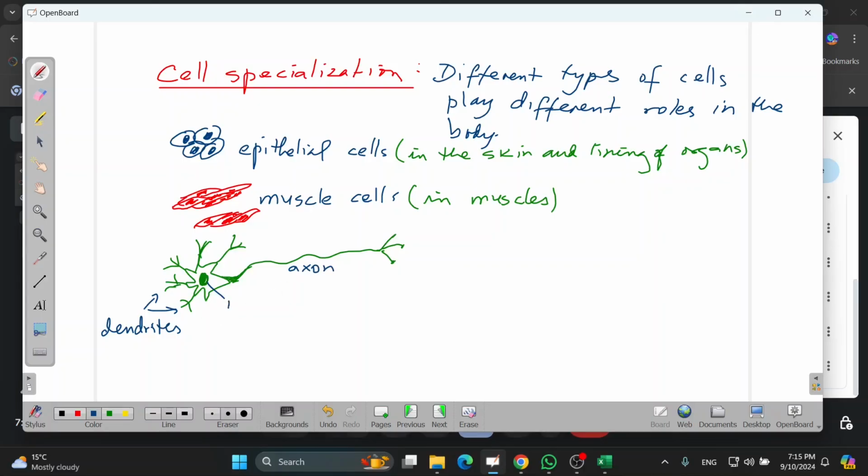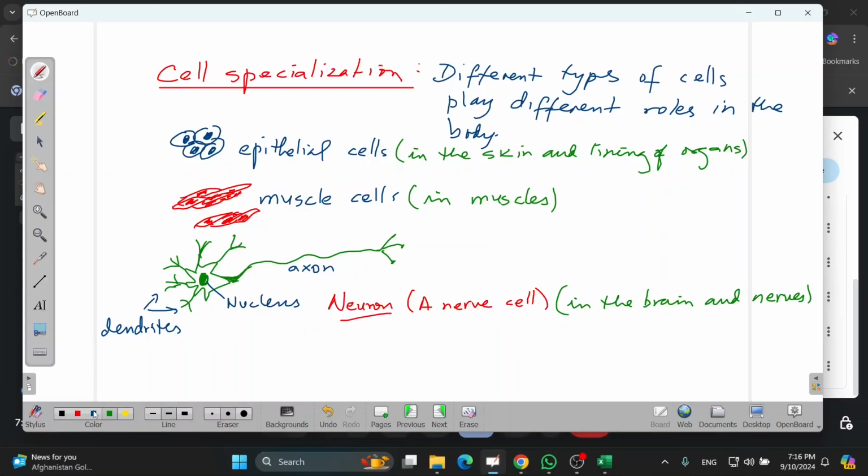This one here is the nucleus. And we have many millions of these. We have millions of those in the brain. So that is a neuron, a nerve cell. Where do we have that? In the brain and nerves around the body.